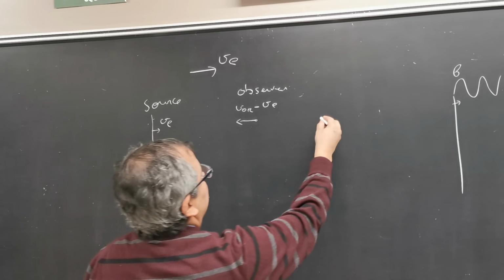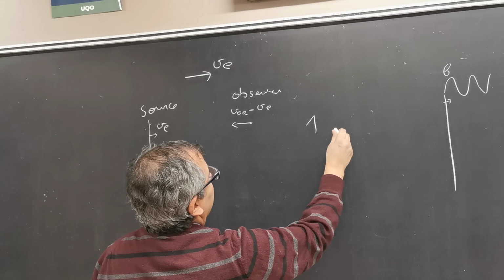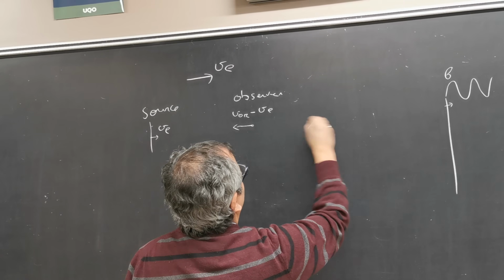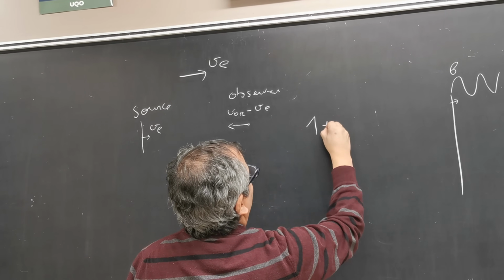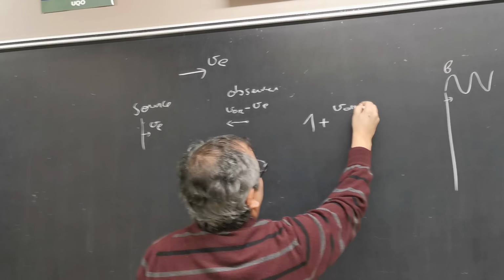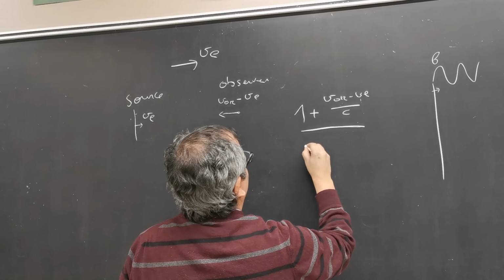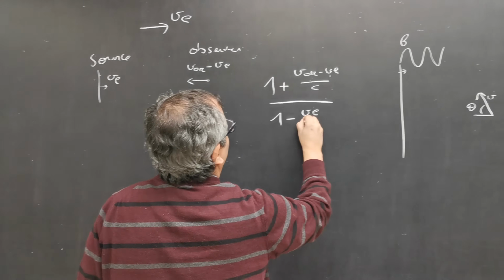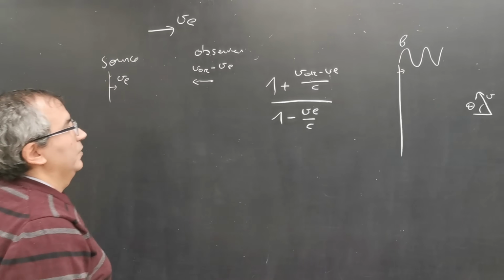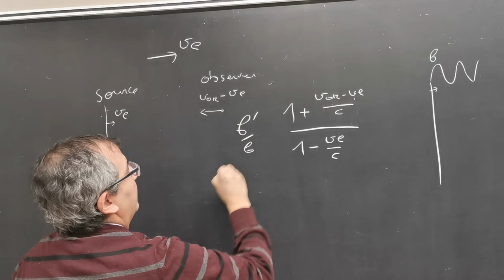With a moving source VE and a moving observer V_OR minus VE, it's going to be 1 plus (V_OR minus VE) over C, divided by 1 minus VE over C. So that's the Doppler effect, F prime over F.